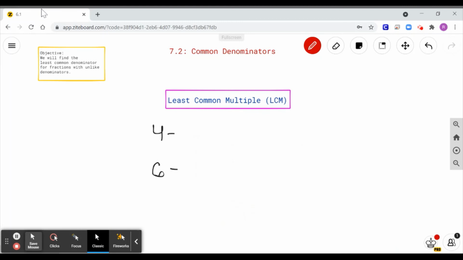All right, let's find the least common multiple for 4 and 6. So I'll start with 4. So like 4 times 1 is 4. 4 times 2 is 8. 4 times 3 is 12. 4 times 4 is 16. And 4 times 5 is 20.